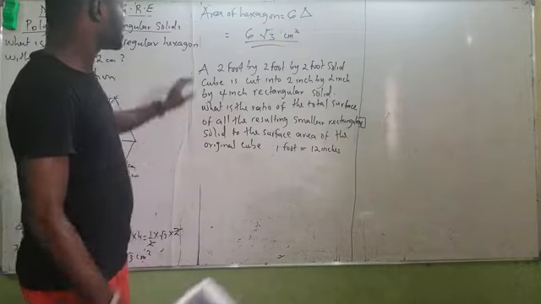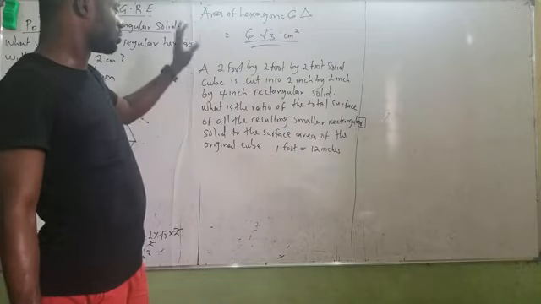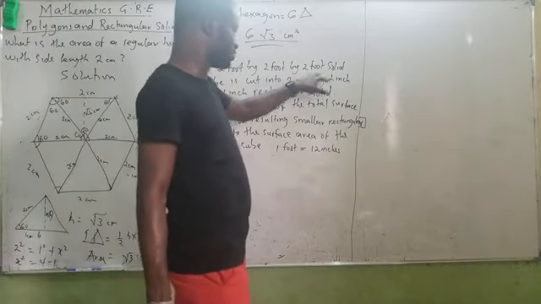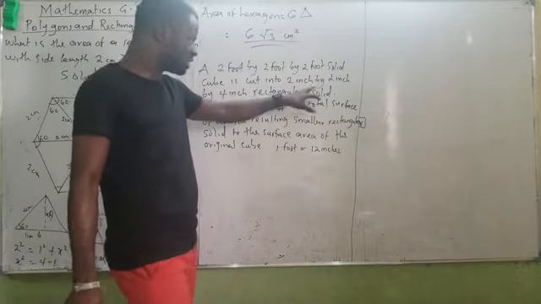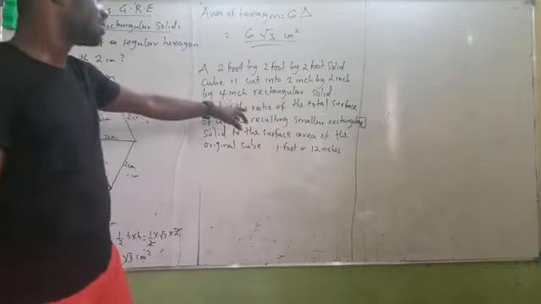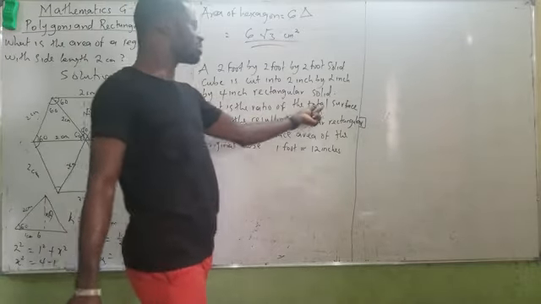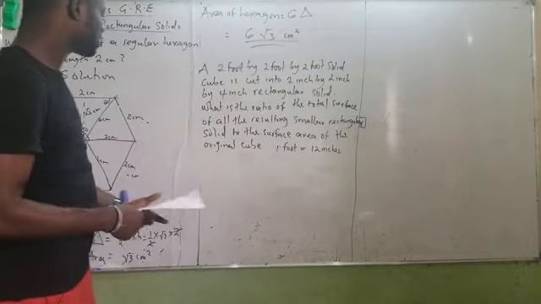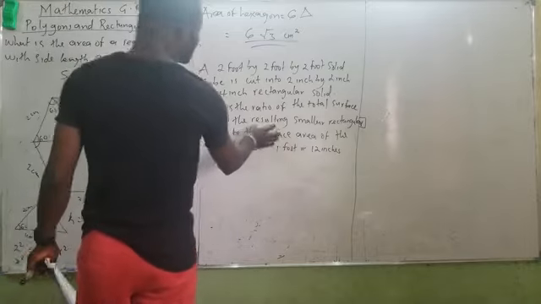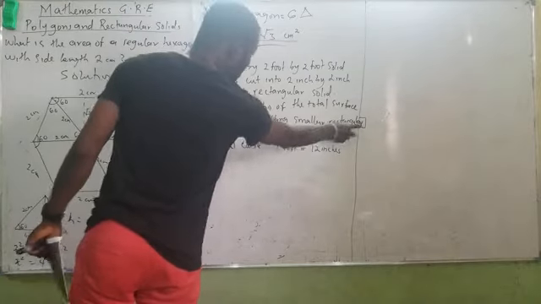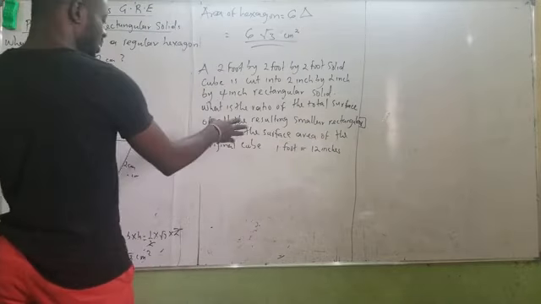Now, the question says a 2 foot by 2 foot by 2 foot solid cube is cut into 2 inches by 2 inches by 4 inches rectangular solids. What is the ratio of the total surface area of all the resulting smaller rectangular solids to the surface area of the original cube?